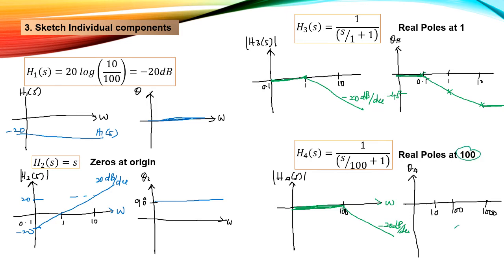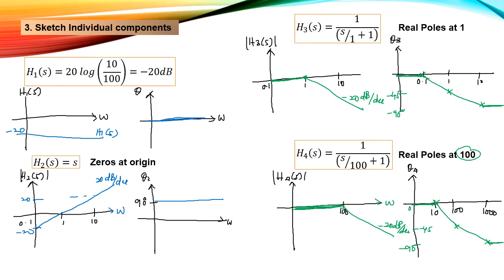It is negative 45, extend to the earlier and next decade, and the rest will be 0. So here is negative 90, negative 45, and 0. The maximum is negative 90 degrees.